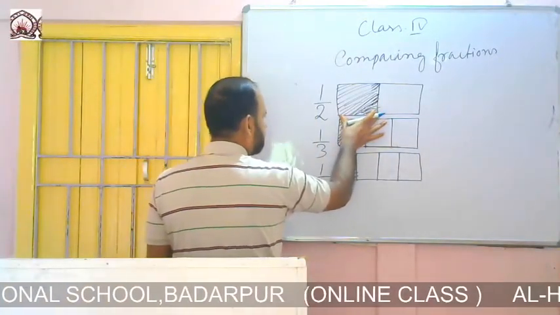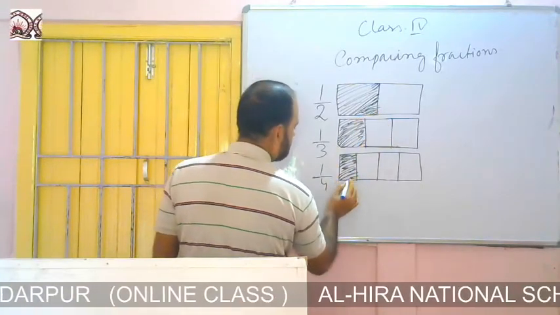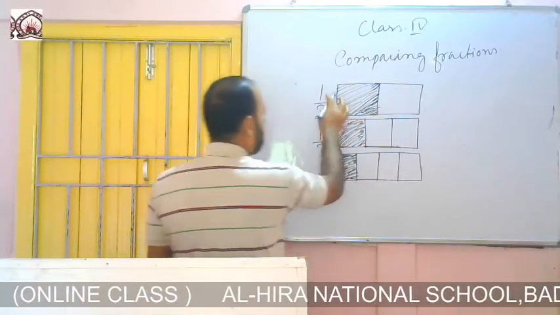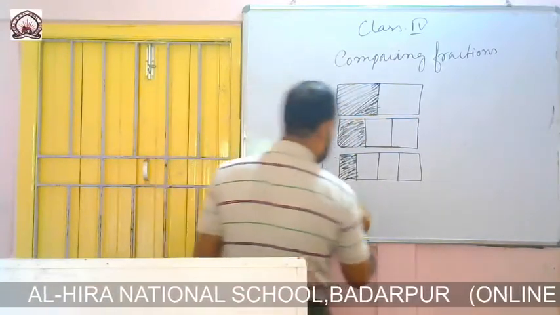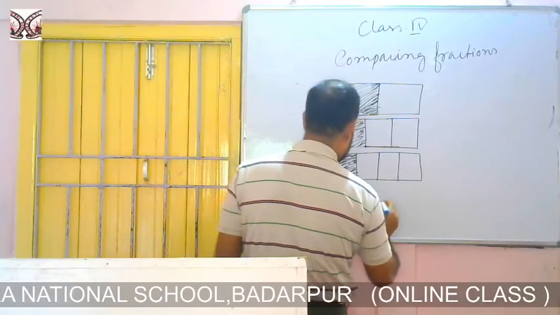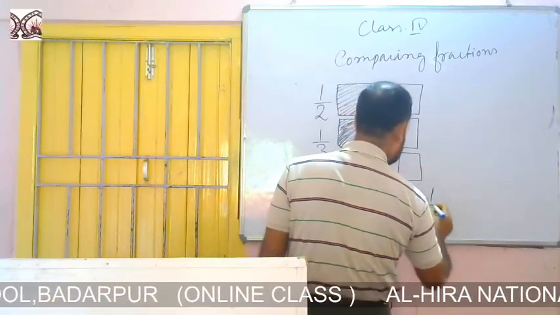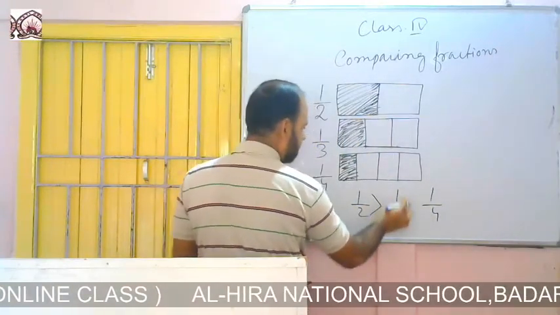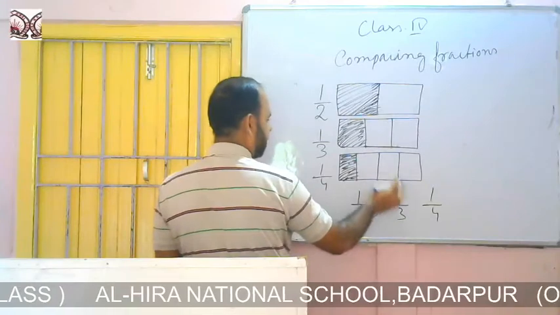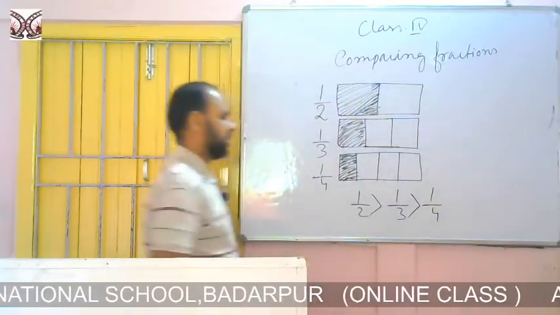This one represents up to this much, and this one this much, and this one this much. So this 1 by 2 is the greatest. From the above example we got 1 by 2, 1 by 3, 1 by 4. So 1 by 2 is greater than 1 by 3. Again 1 by 3 is greater than 1 by 4.